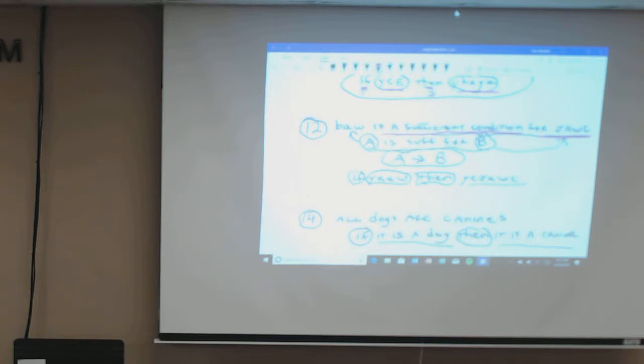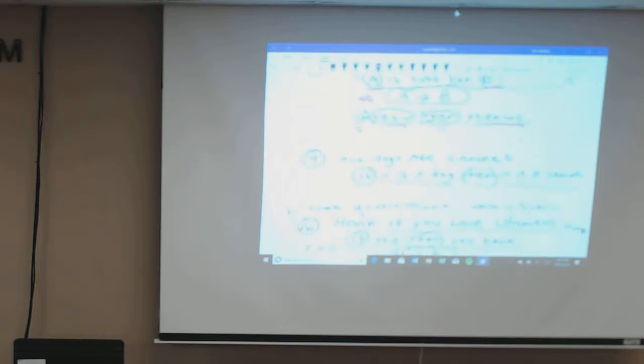So now I'm going, is sufficient. Okay, back to the chart. Sufficient is where A is sufficient for B. So being a woman is A and joining a woman's club is B. And A is sufficient for B is equivalent to if A then B. So if you're a woman, then you can join a women's club.